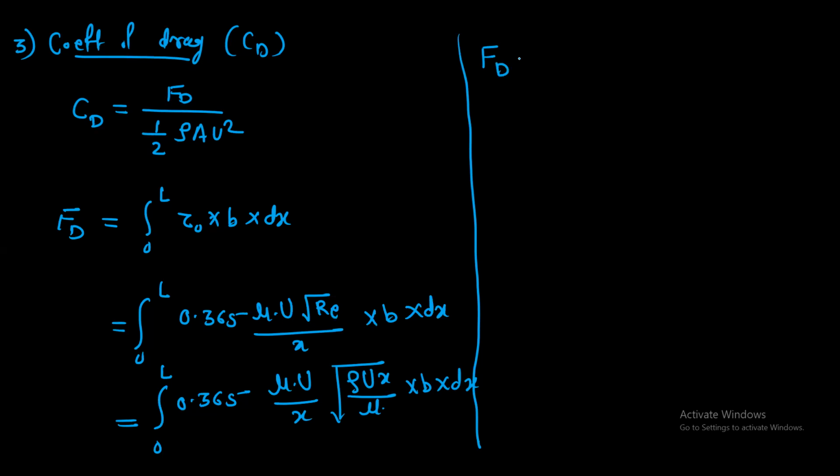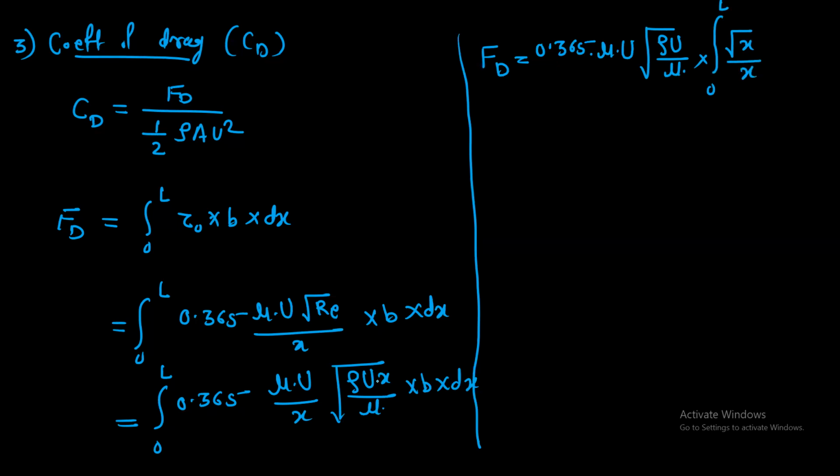So FD is equal to 0.365 into mu into capital U. All these are constant, into square root rho U upon mu into root x in the integration 0 to L divided by x.